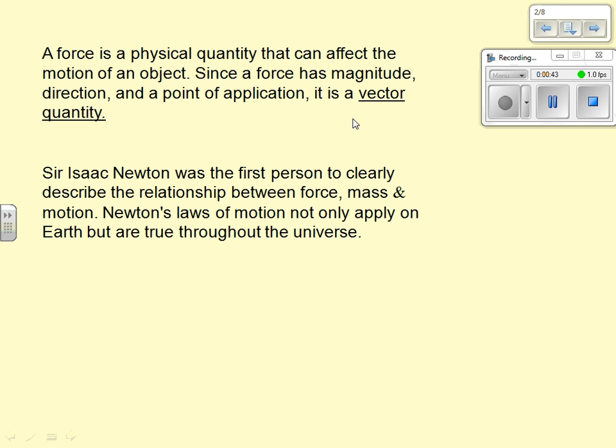Isaac Newton was the first person to clearly describe the relationship between force, mass, and motion. Newton's laws of motion not only apply on Earth, but are true throughout the universe. In other words, we call them universal. Now, there are some situations where Newton's laws don't necessarily apply.